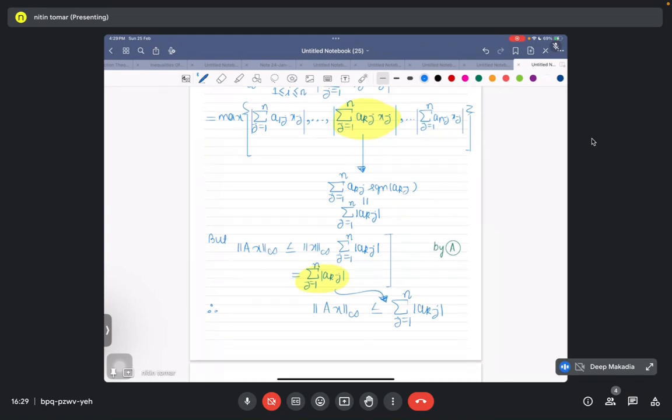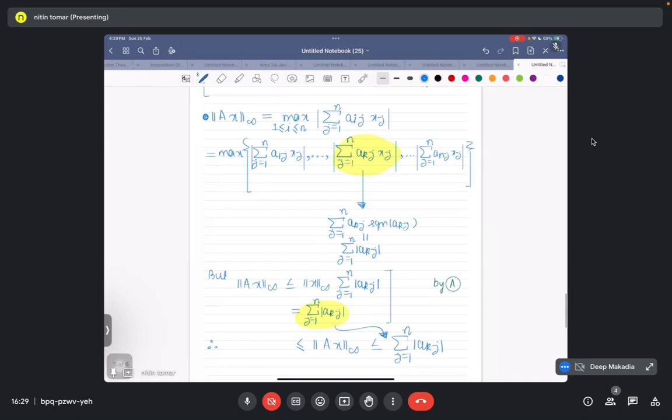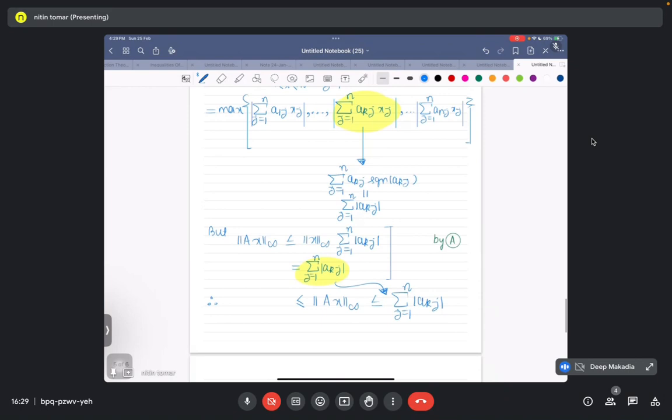Norm ax infinity is less than or equal to absolute kth row sum. All of you agree? Yes or no? Yes. But you see, what is norm ax infinity? It is the maximum over some numbers, right? So maximum has to be greater than or equal to each element in the set. But one of the elements in the set is summation mod akj. Am I correct? So they have to be equal now.